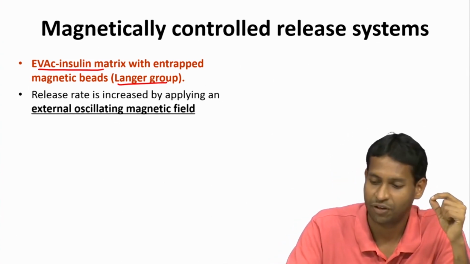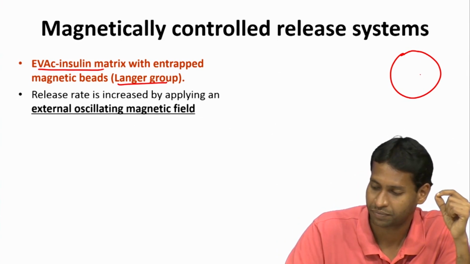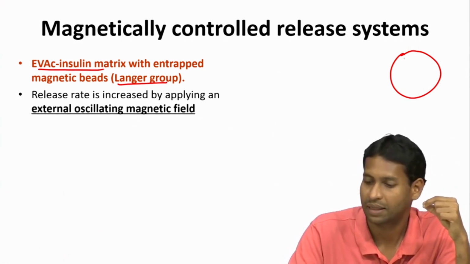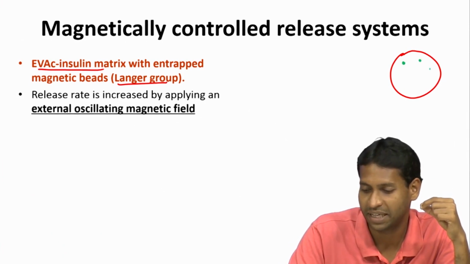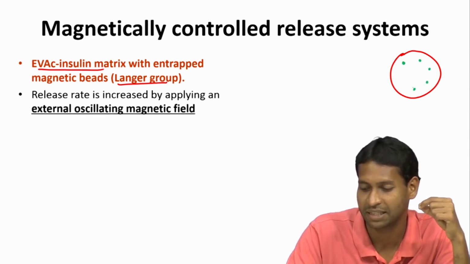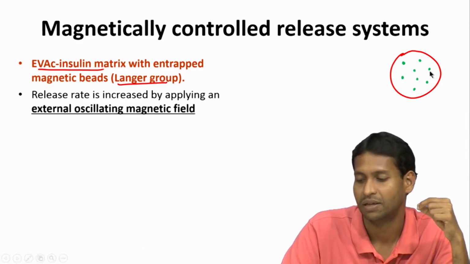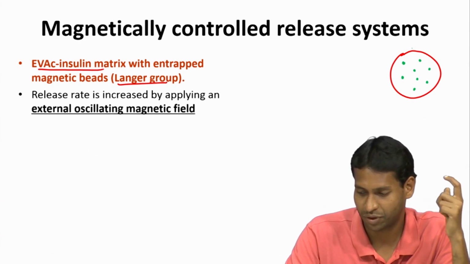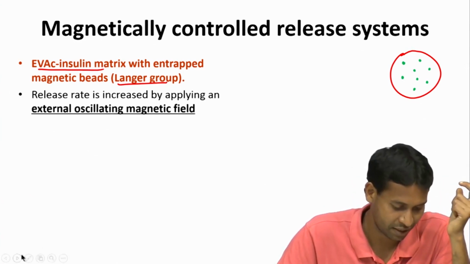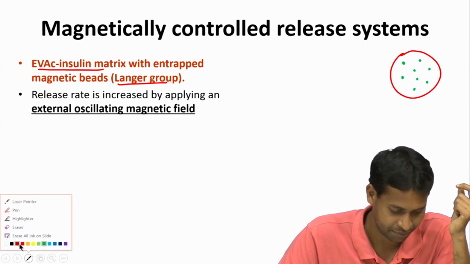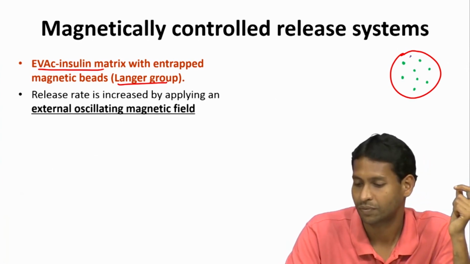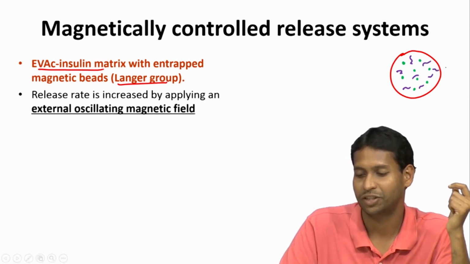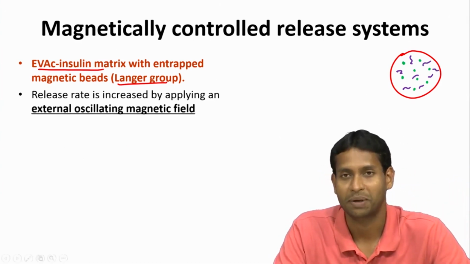So, let us say you have a particle system encapsulating these magnetic beads, maybe iron oxide particles, and also some drug. Let us say I represent the drug with another color. Let us say it carries a peptide, which is shown with the magenta or purple color here.